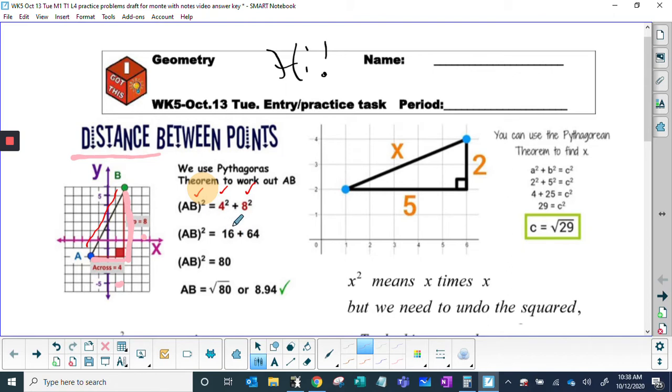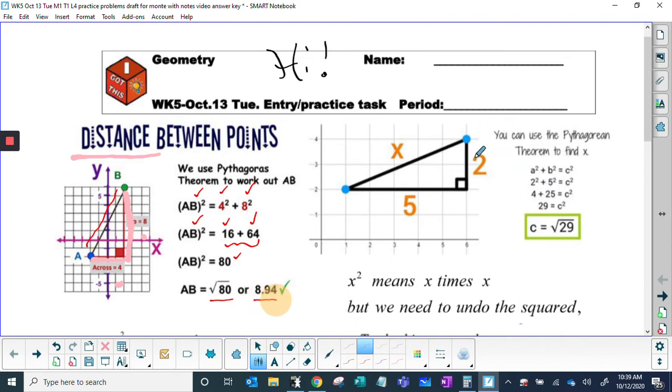Okay, so we know that 4 times 4 is 16, 8 times 8 is 64. That's equal to the square of the distance AB. All right, so AB squared adds 16 and 64, and we get 80. Later, we've got to practice taking the square root in order to get this 8.94.